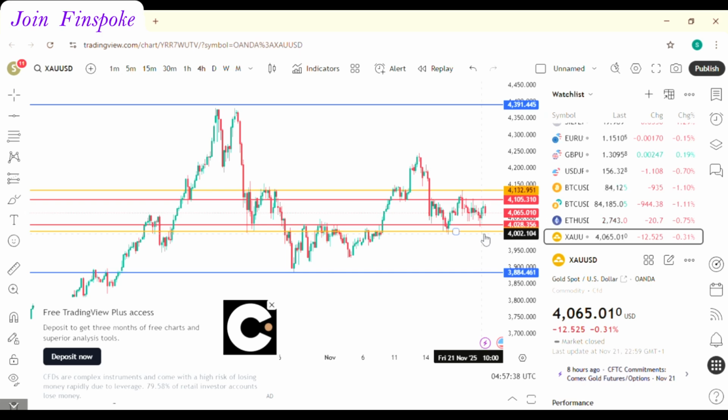And if it also breaks the weekly low with a body close below, the next target is to return back to this support zone.